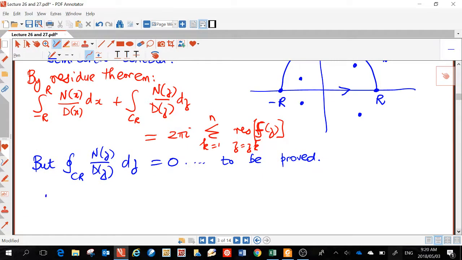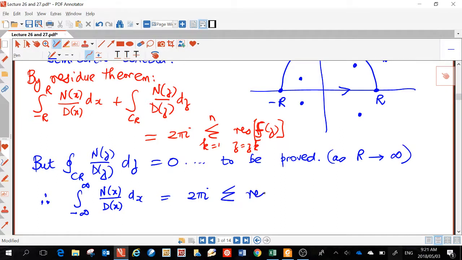Therefore, our theorem tells us that the integral from, this is 0 as r goes to infinity. So instead of having minus r to plus r, I can have minus infinity to plus infinity. N of x over d of x dx is also 2 pi i times the sum of the residues of f of z, z equals zk, k equals 1 to n.